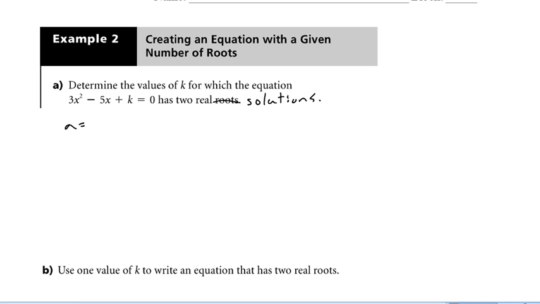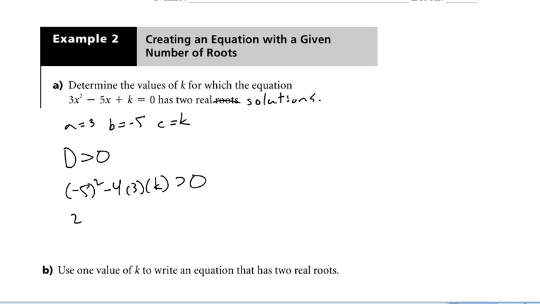Now we've got a equals 3, b equals negative 5, and c equals k because everything's on the same side and we have 0 on the other side. And if we have two real solutions, then big D is going to have to be positive, otherwise known as greater than 0. So we'll have negative 5 squared minus 4 times 3 times k has to be greater than 0.